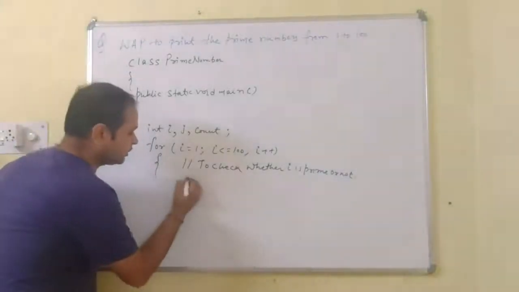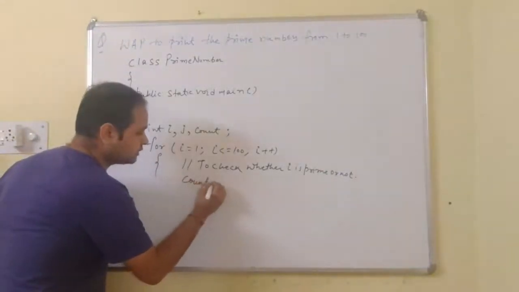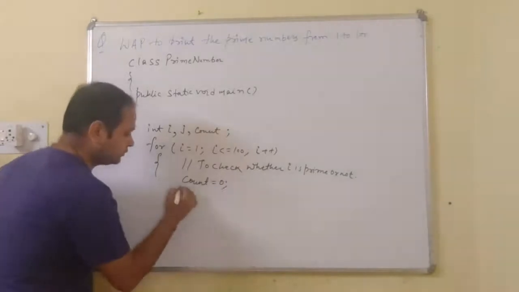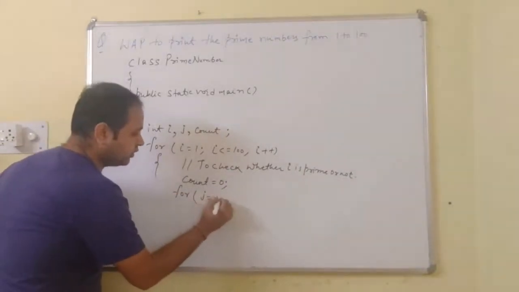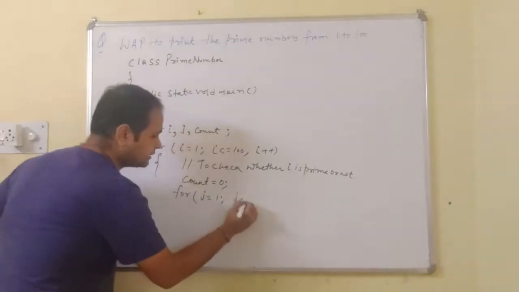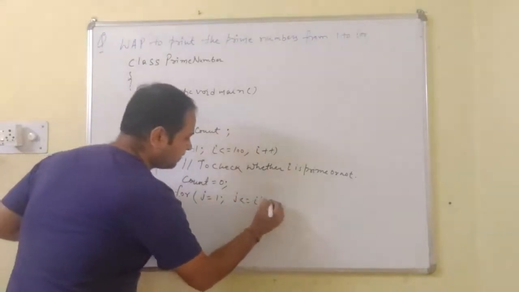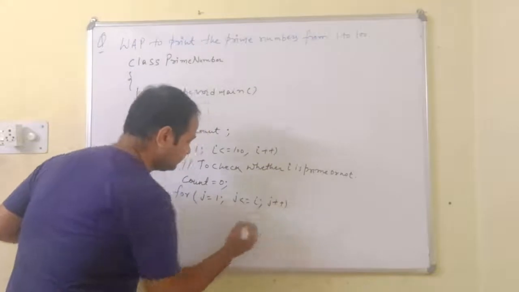So I will write here count is equal to 0, for j equals 1, j less than or equal to i, j plus plus.